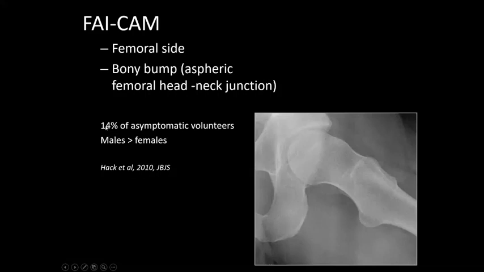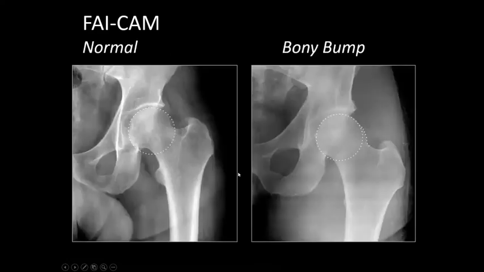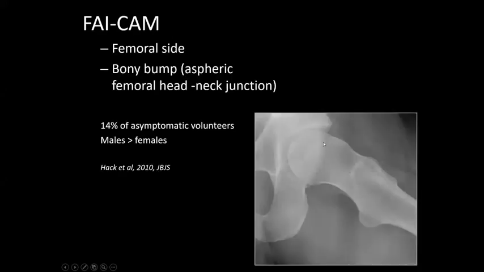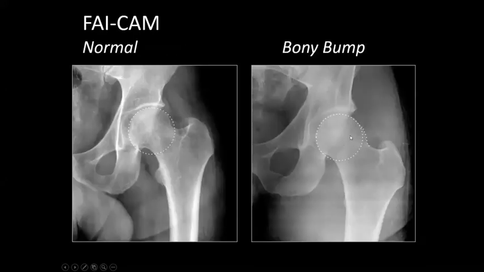A study has shown that about 14% of these patients don't have any symptoms, so they're not always symptomatic. But it's good to mention it, report it and document it. You would be able to see this cam deformity, as you said, on the frog lateral radiograph. Sometimes you may be able to see it even on the frontal radiograph.